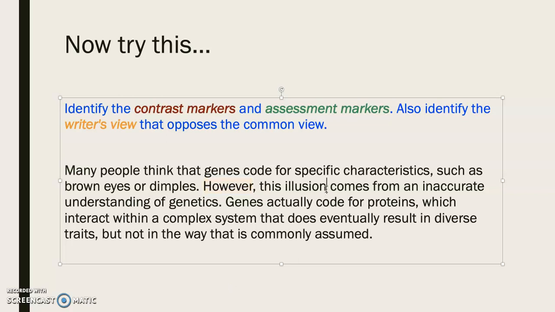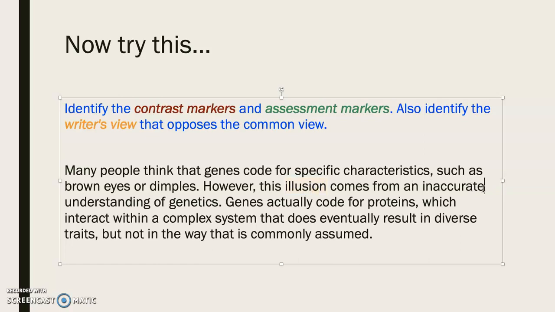When the writer calls the common belief an illusion, that's judging the belief as it's just in somebody's imagination. It's just all up in their head. And so that's an assessment marker by calling it an illusion.